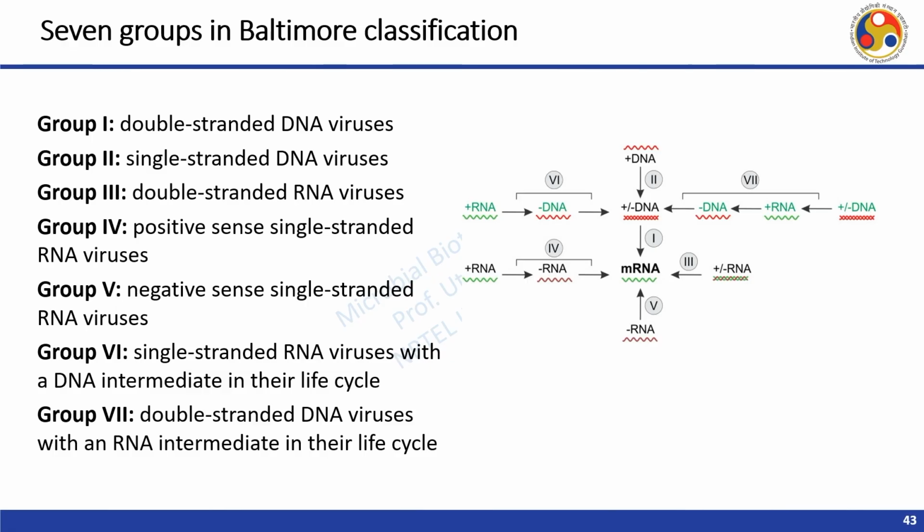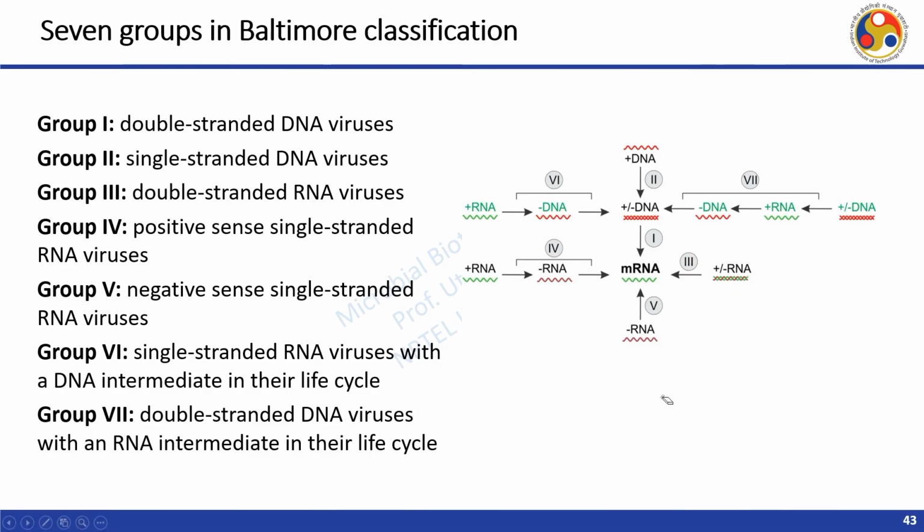For example, you have group 1, double stranded DNA viruses in this case. Then you have group 2, which is single stranded DNA viruses. Then group 3, double stranded RNA viruses.